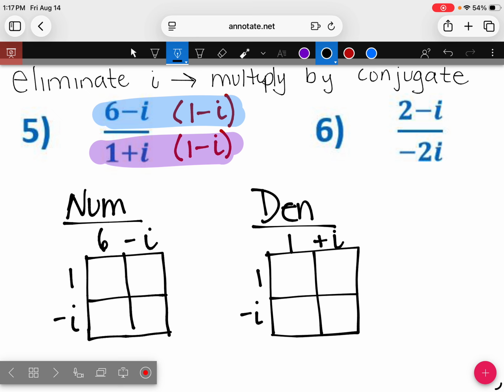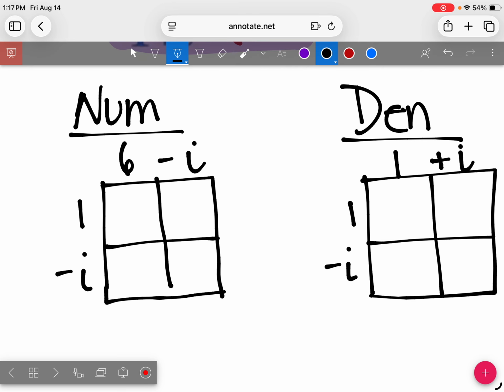So when we fill in the first set of boxes, we have 6, a negative i, a negative 6i, and then this one, a negative times a negative is positive i squared. But what does i squared really equal? We can't keep it there. What does it change to?